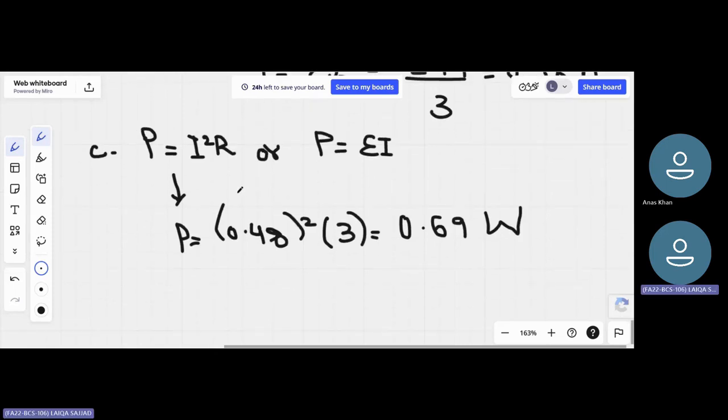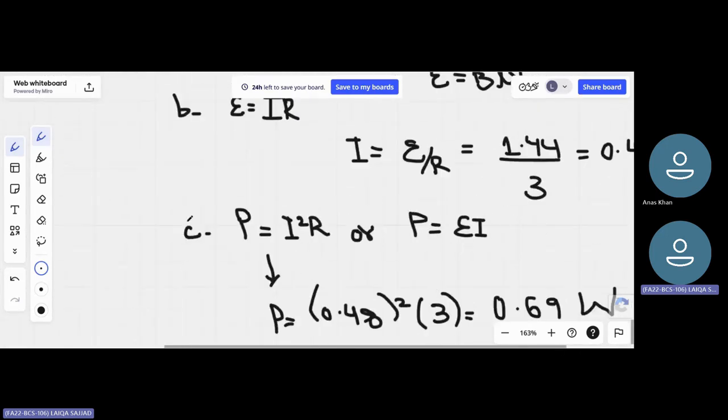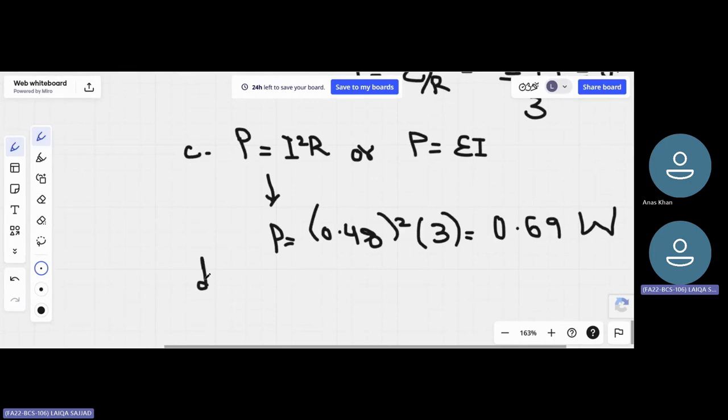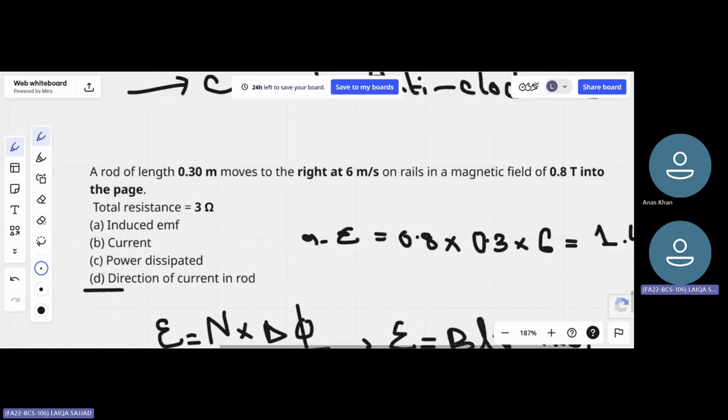Very good. Now in the next part, we have to find the direction of the current in the rod. Moving to the question statement, we are given the direction of motion, which is towards the right, and the direction of the magnetic field, which is into the page, and we have to find the direction of the current. Which rule will we use?